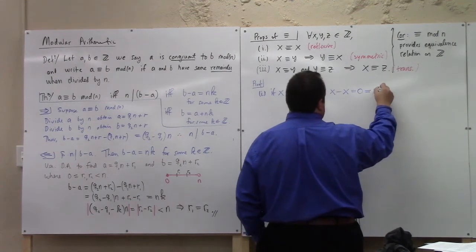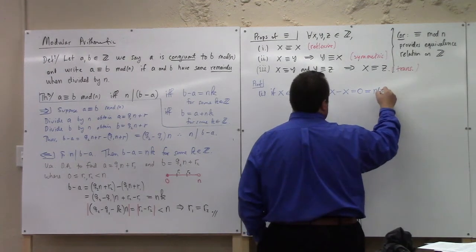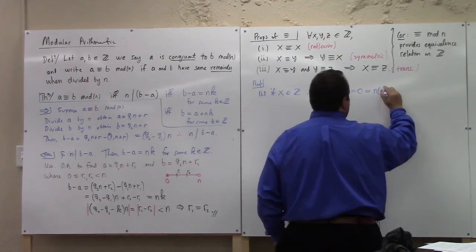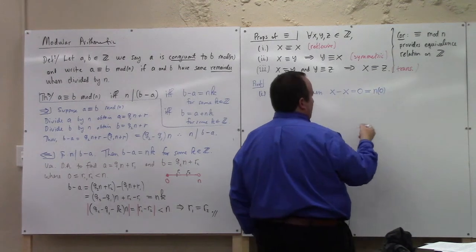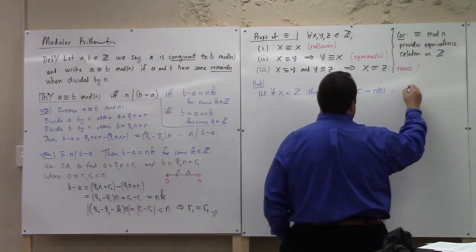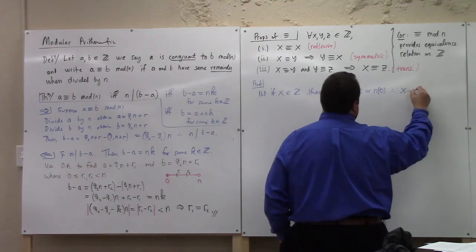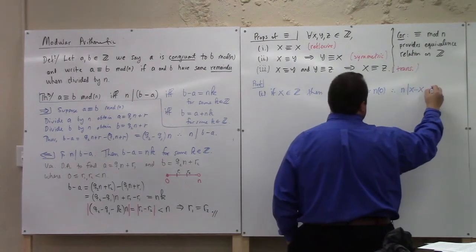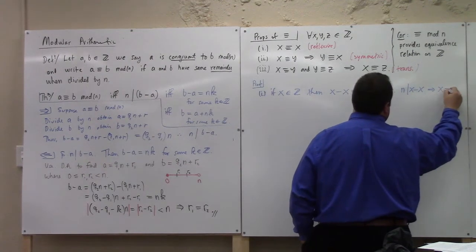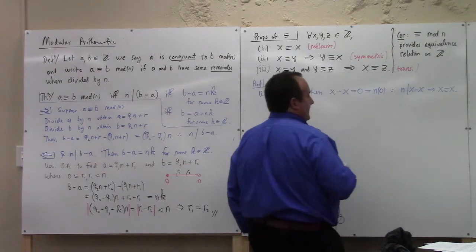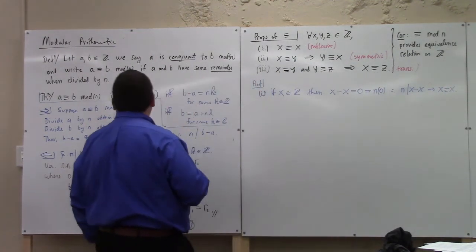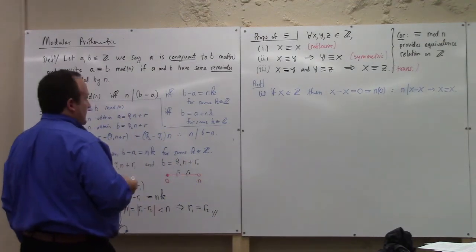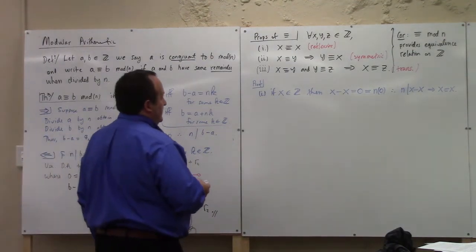Which is equal to n times 0, which is an integer, right? So therefore, n divides x minus x, which implies that x is congruent to x, right? By my theorem. If n divides the difference, they're congruent. So there's reflexive.